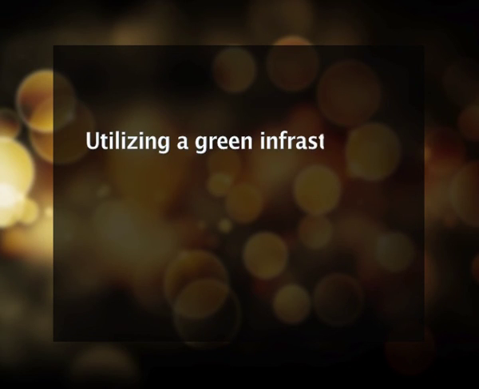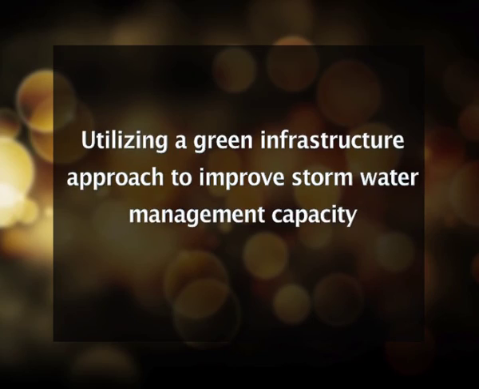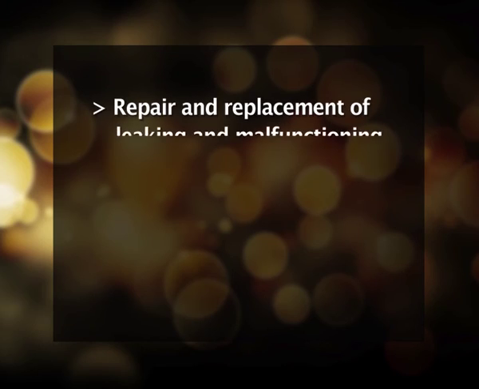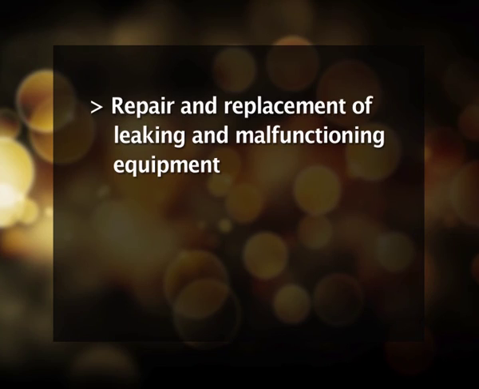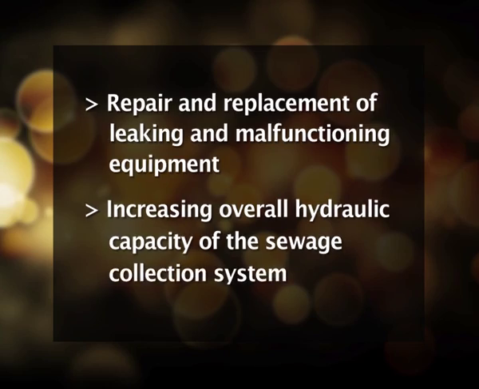Cities with sanitary sewer overflows or combined sewer overflows employ one or more engineering approaches to reduce discharges of untreated sewage, including utilizing a green infrastructure approach to improve stormwater management capacity throughout the system and reduce the hydraulic overloading of the treatment plant, repair and replacement of leaking and malfunctioning equipment, and increasing the overall hydraulic capacity of the sewage collection system.